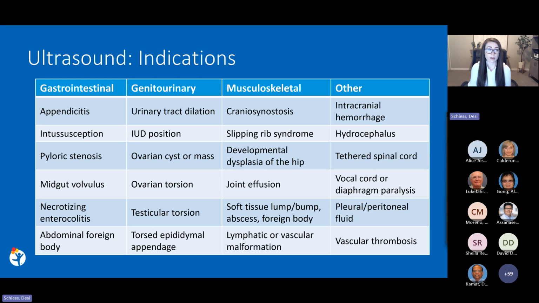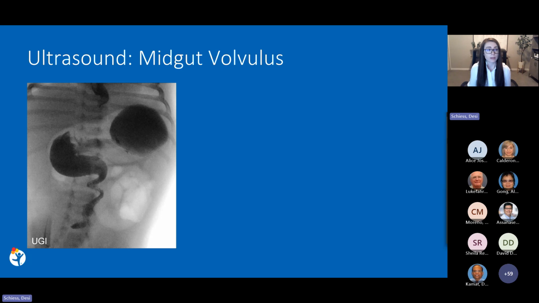As you can see here, there are a plethora of pediatric entities that we can evaluate with ultrasound. We don't have time to cover all of these, but I do want to highlight one recent innovation, which is ultrasound for midgut volvulus. In the past, upper GI was the gold standard imaging modality for midgut volvulus, as in this case, demonstrating the classic corkscrew sign.